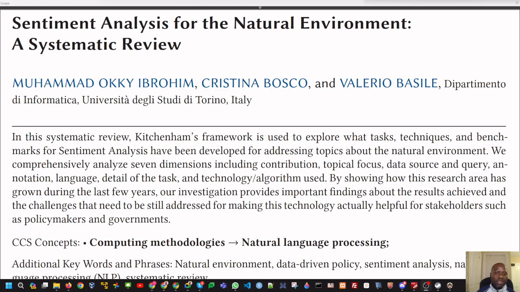So this is really the top end of the research in computational linguistics. Interestingly, this topic is focused on a natural environment. So it's a highly focused topic, but this is a systematic literature review.